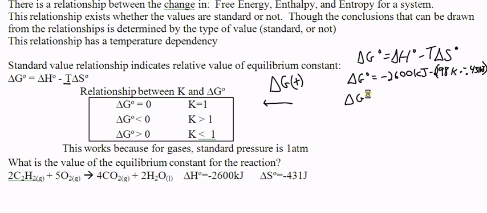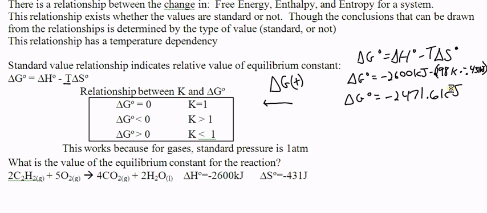And so let's take a look and see what the delta G value is going to end up being. We've got negative 2600 minus the quantity 298 times negative 0.431 kilojoules. And so the result for delta G is still fairly negative, negative 2471.6 kilojoules.